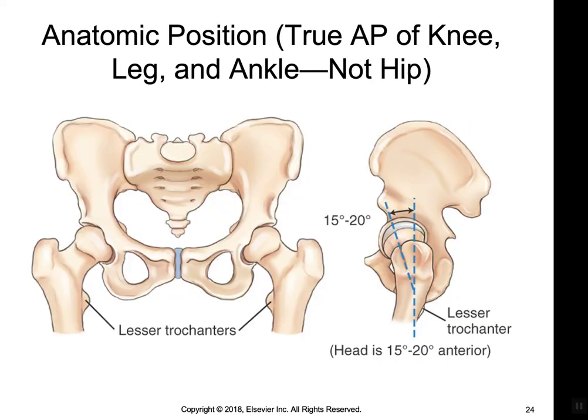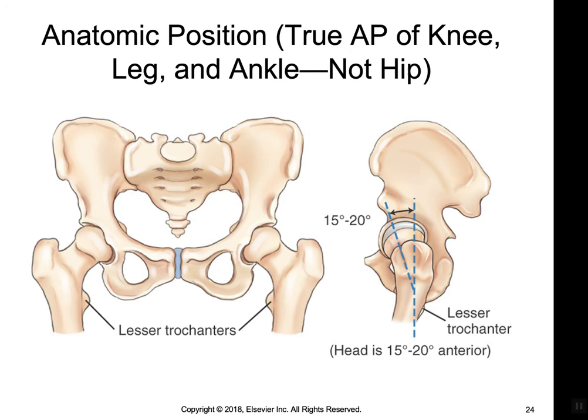Then you have your anatomic position, true AP of knee, leg, ankle, not the hip. So when you are taking a picture of a true AP projection, the neck of the femur is now parallel to the image surface and will not appear foreshortened. The lesser trochanter is key in determining the correct leg and foot position.